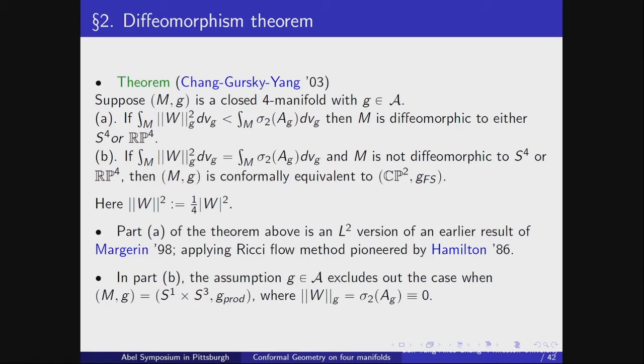So the Ricci flow method at this moment is almost the unique method to prove some two manifolds are diffeomorphic to each other. So it's an L2 version of a Ricci flow method. And the second part of the theorem uses something. The theorem excludes one case, and there is another case, and that's when everything is equal to 0. That's S1 cross S3.